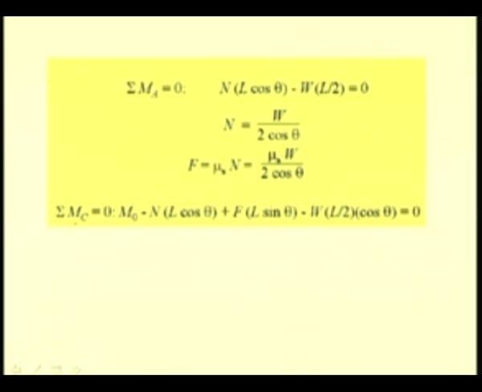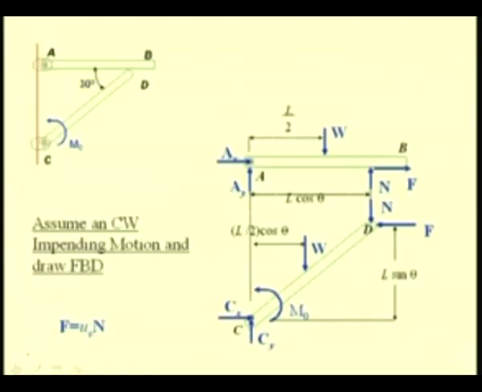Now, let us sum the moments about C. So, if we sum the moments about C, we have M naught, the moment of this weight which is W times L by 2 cos theta, and the moment of this force N whose moment arm is L cos theta, and the moment arm for this frictional force F is L sin theta.